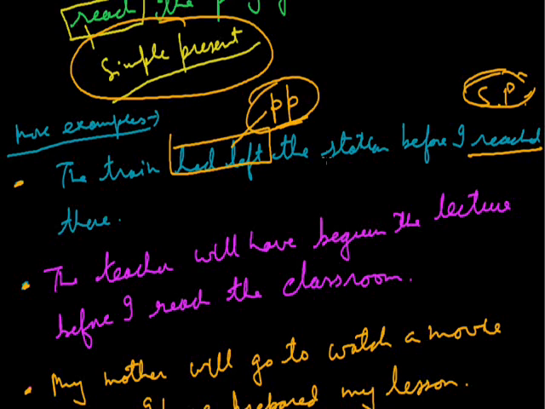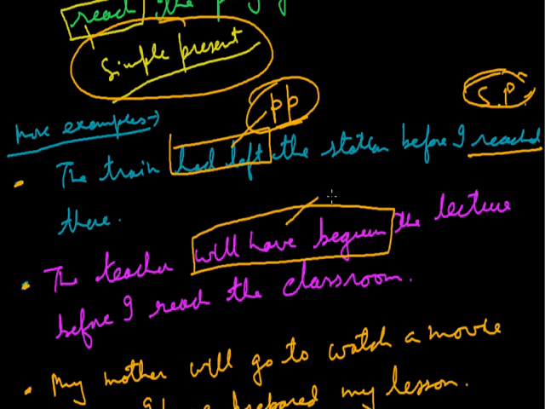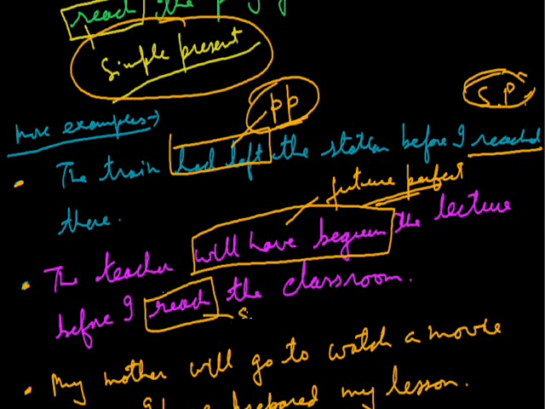Coming on to the second one, the teacher will have begun the lecture. Now over here, will have begun is in future perfect form, and I reach is in simple present form.